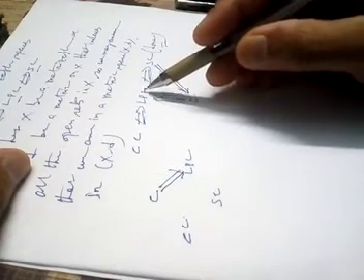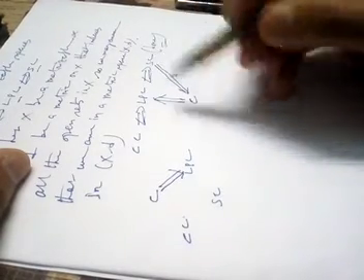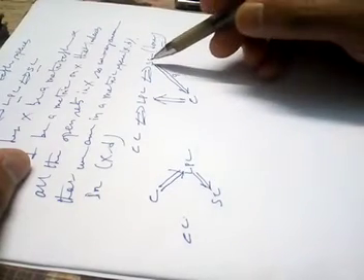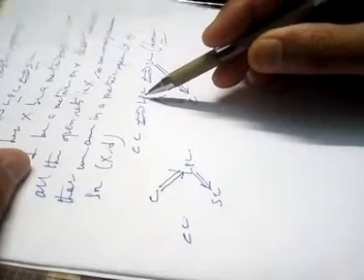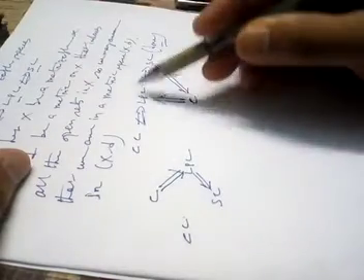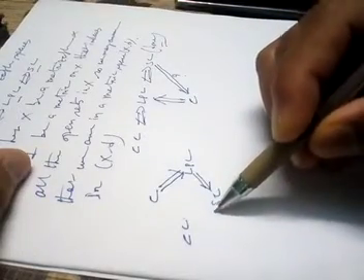And limit point compactness implies sequential compactness. Sequential compactness implies limit point compactness. Limit point compactness implies countable compactness. So sequential compactness implies countable compactness.